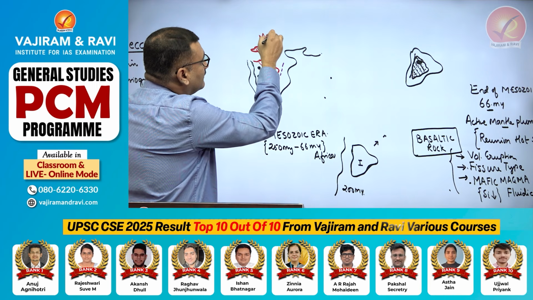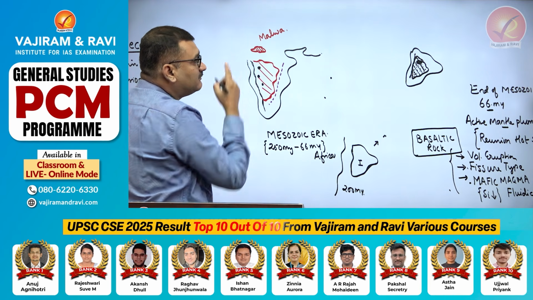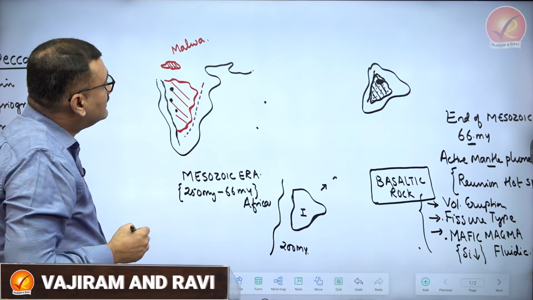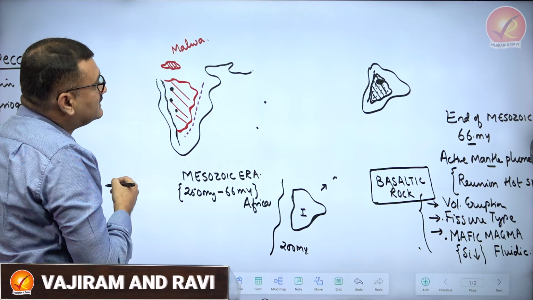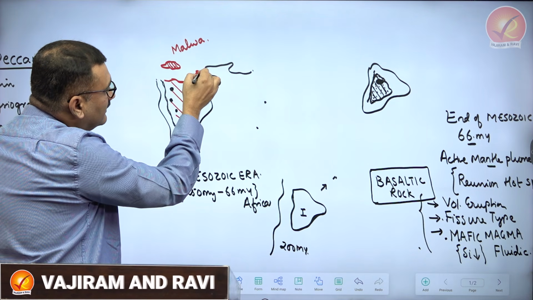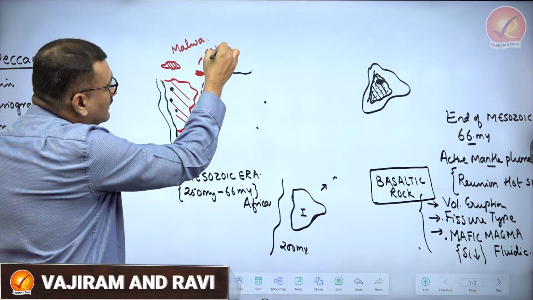So, this is the formation of Malwa. It means a vent has erupted here also. So, Malwa Plateau is also considered a geological extension of Deccan. We can see the formation of some volcanic rock. This is there as a part of Chota Nagpur Plateau.